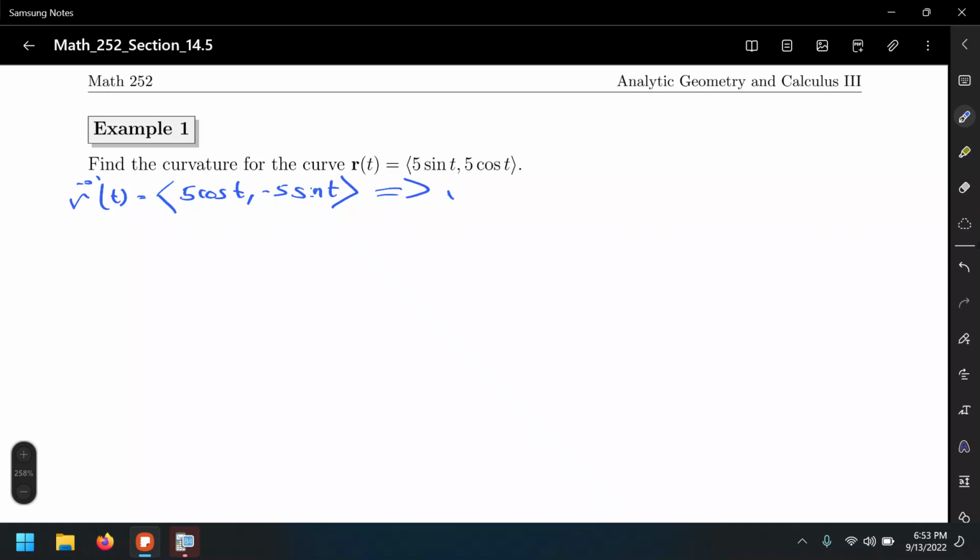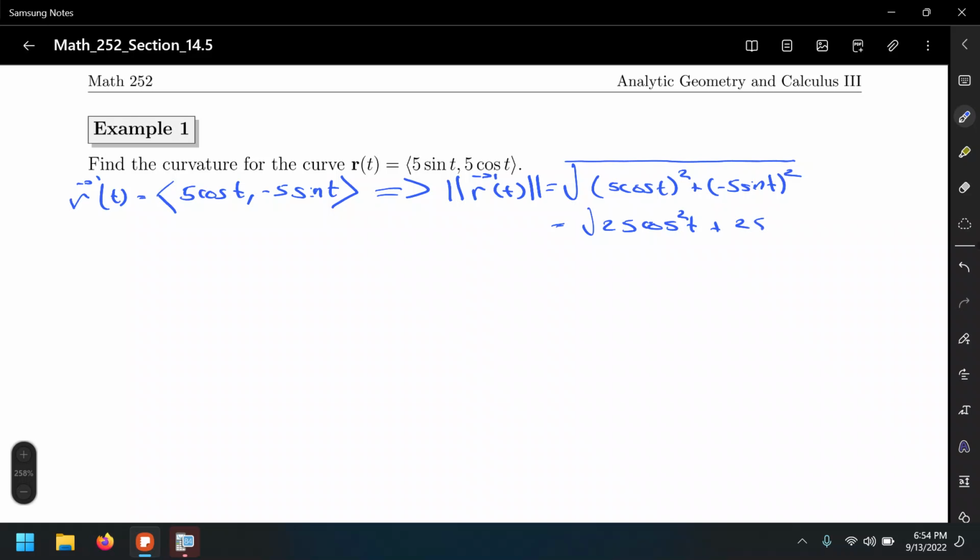Let's find then the magnitude, not the derivative, I mean the magnitude of the derivative. That's the square root of the x component squared plus the y component squared. And this will be 25 cosine squared t plus 25 sine squared t.